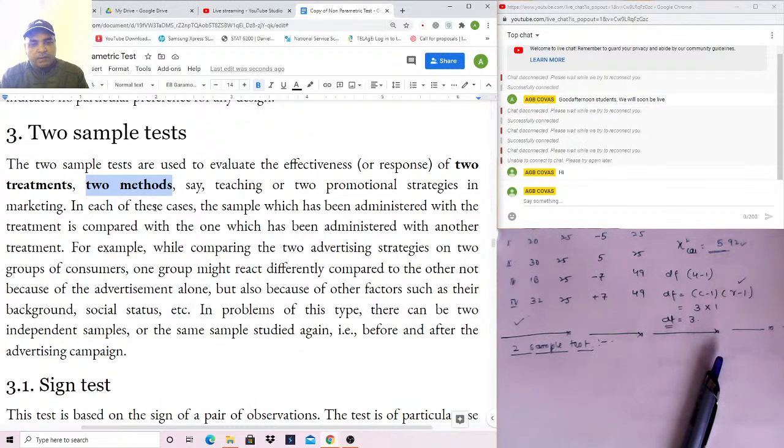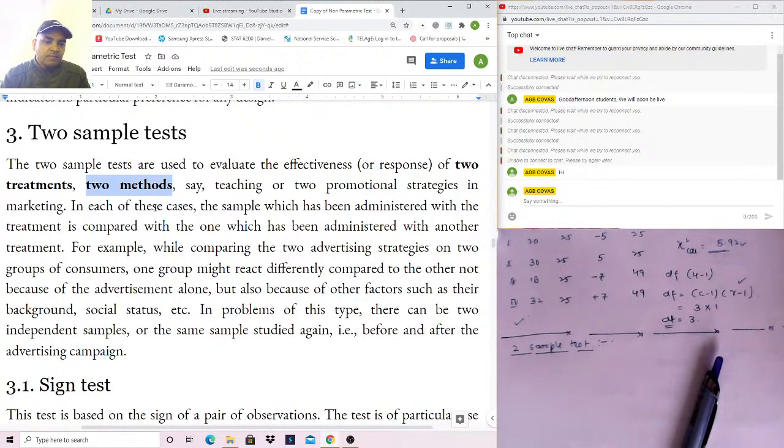The only condition is that these groups do not follow the normal distribution. When the populations from which these samples have been taken do not follow the normal distribution, we apply a non-parametric test. Earlier we were applying the t test, now we will be applying these two sample tests.